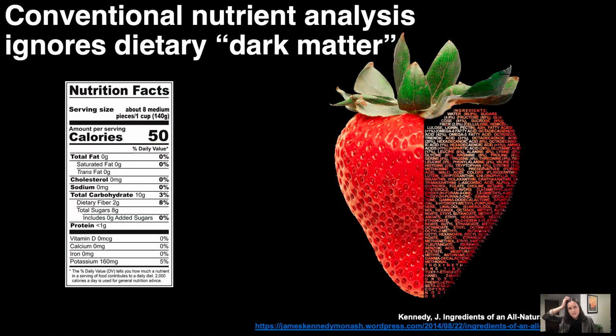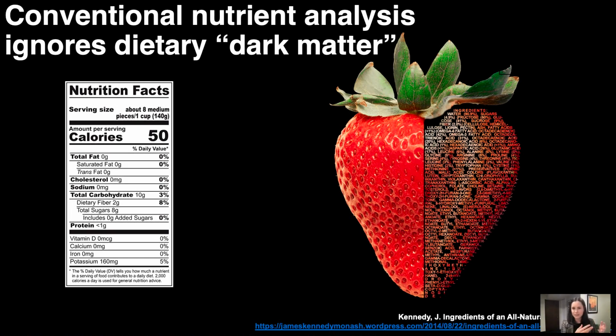So this caused us to scratch our heads, and we got to thinking about this concept of dark matter, if you will, dietary dark matter. So we're all used to looking at nutrition facts panels on the foods that we buy, and that breaks down a selection of nutrients that is available.